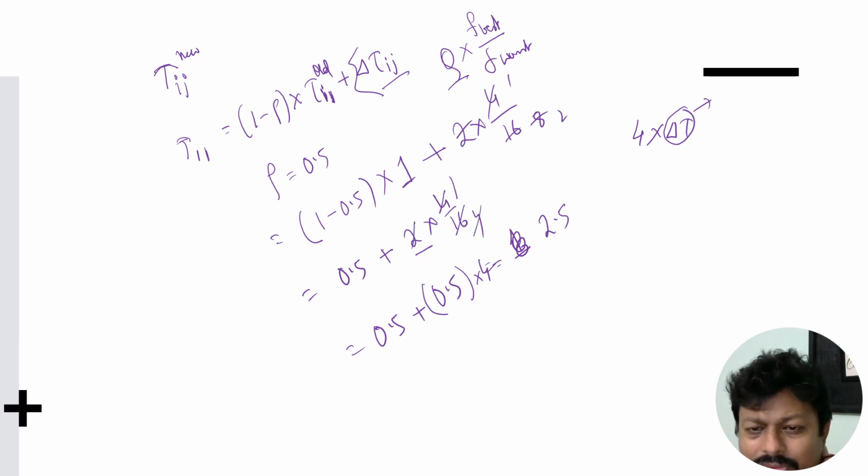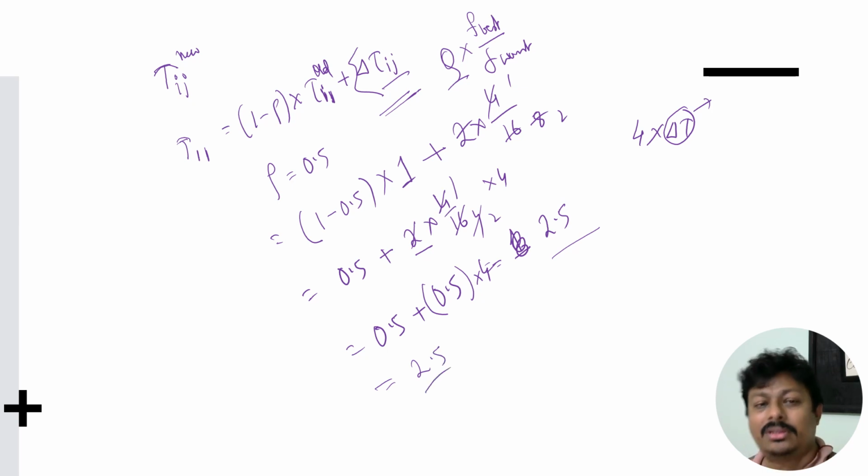Now 2 ones are 2, 2 fours are 8, half means 0.5 into 4, because of summation of del tau. So 4 into 0.5 is 2, and there is already one 0.5 here. So the resultant will be 2.5. This will be the new amount of pheromone.